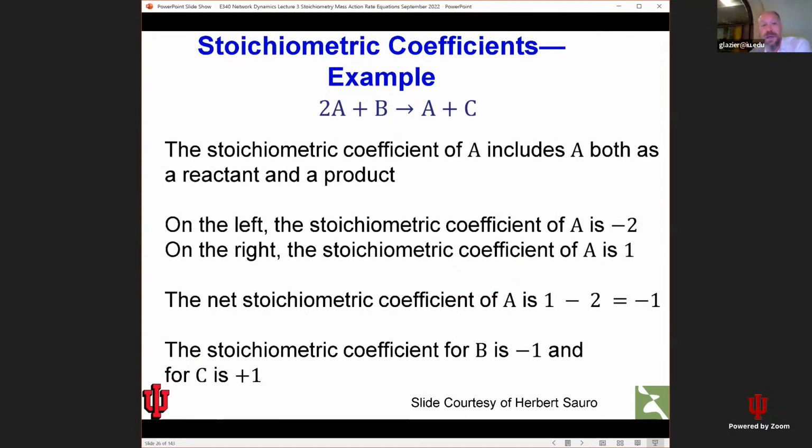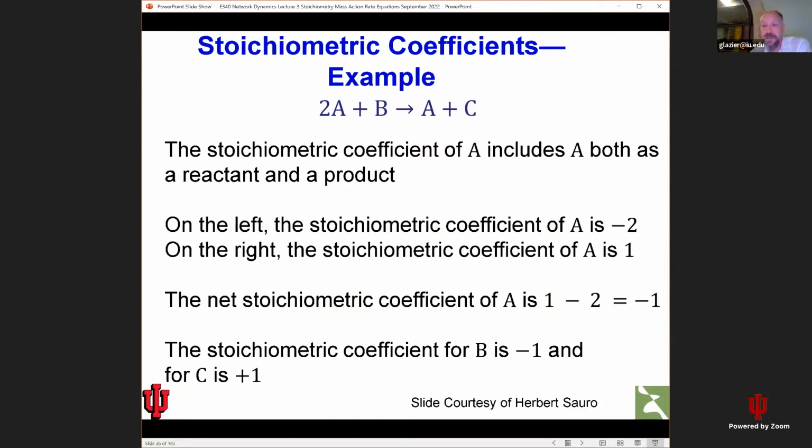Okay, so here's an example. I have 2A plus B going to A plus C. In this case, I have minus 2 on the left for A, and I have 1 on the right for A. And the net stoichiometric coefficient is 1 on the product side, minus 2 on the substrate side, and that means one reaction destroys a net 1 unit of A. Stoichiometric coefficient for B is simple.